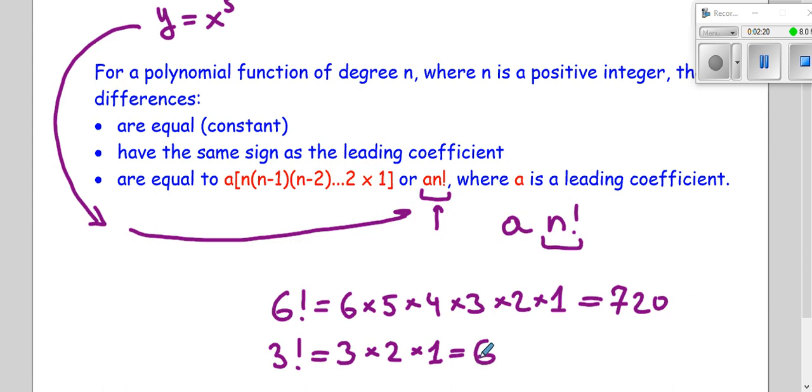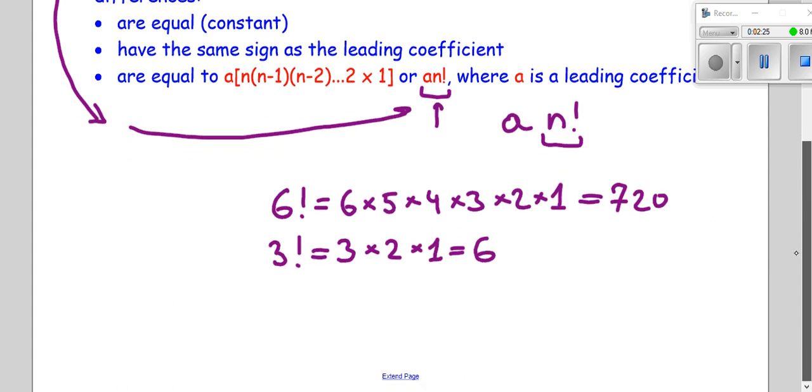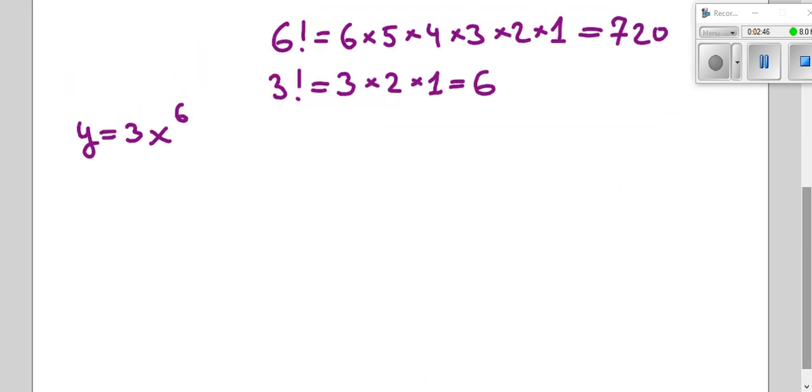And we are just going to use that in the formula to calculate what the value of the finite difference is. So here's another example, y equals 3x to the power of 6. I could create a table of values, do the first difference, second difference, all the way down to sixth finite difference, and I can actually determine what the value is, or I can use the formula, and this is how I would draw it: delta y for sixth difference is equal to a times n factorial.